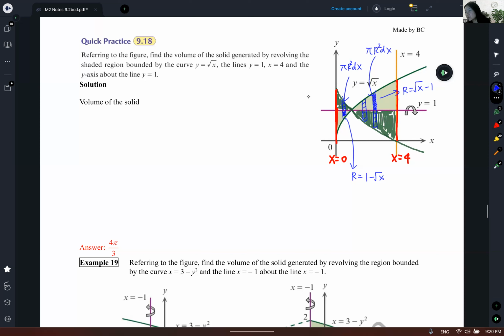But since we're squaring it, they should be equal. That's why I'm not doing 2 pieces. I'm doing just 1 piece. It's pi r squared dx from the left to the right.